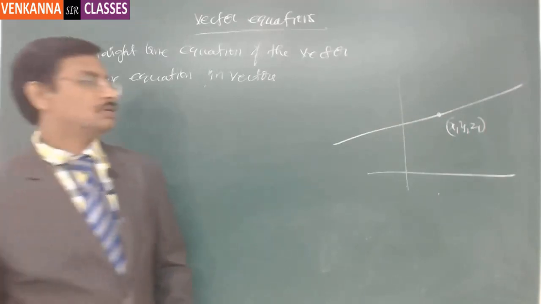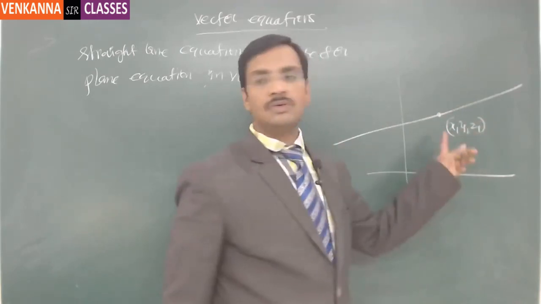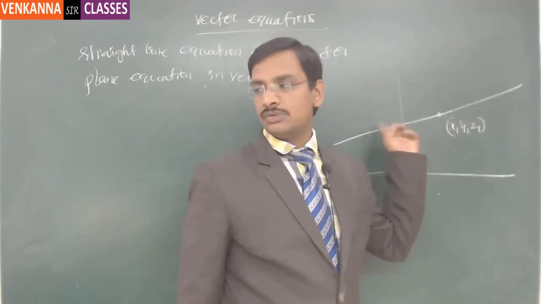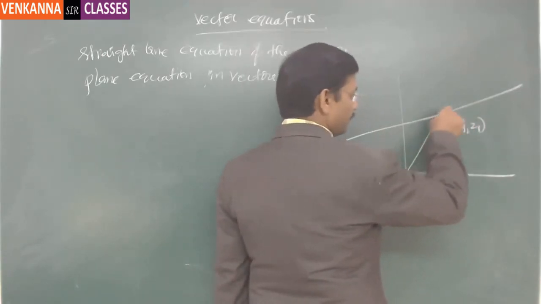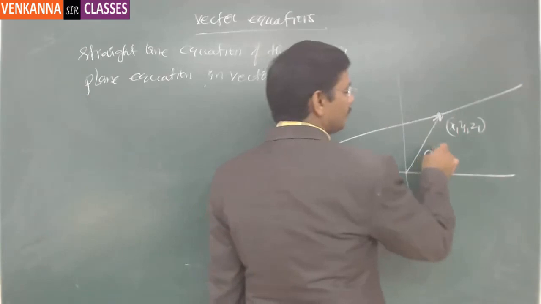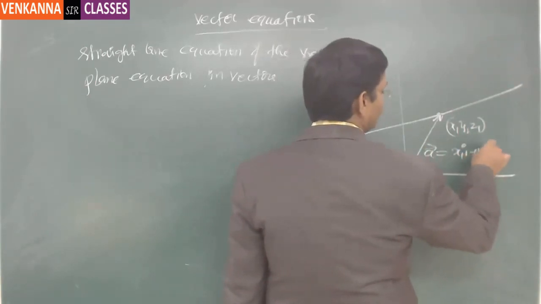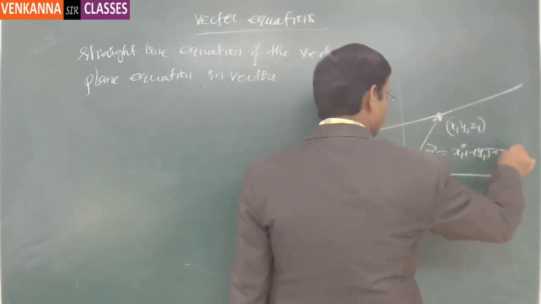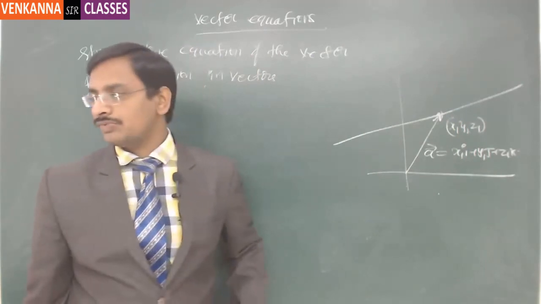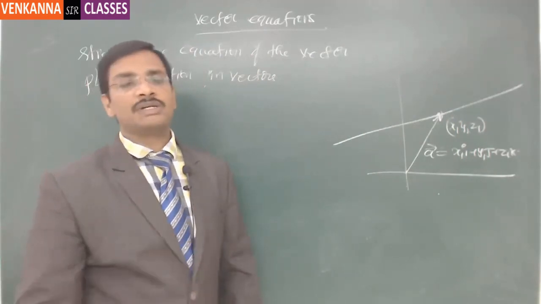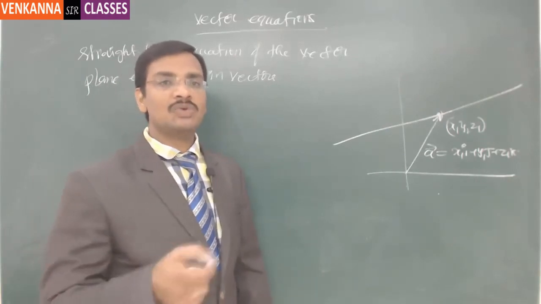No, let me explain that. See this. This is the position through which this line is passing. Now the position vector of this particular point is this one. So I call this the A vector. This A vector is x1 into i plus y1 into j plus z1 into k. So this is the position vector of the point through which the straight line is passing. And one more piece of information given is that the straight line is parallel to a certain vector.